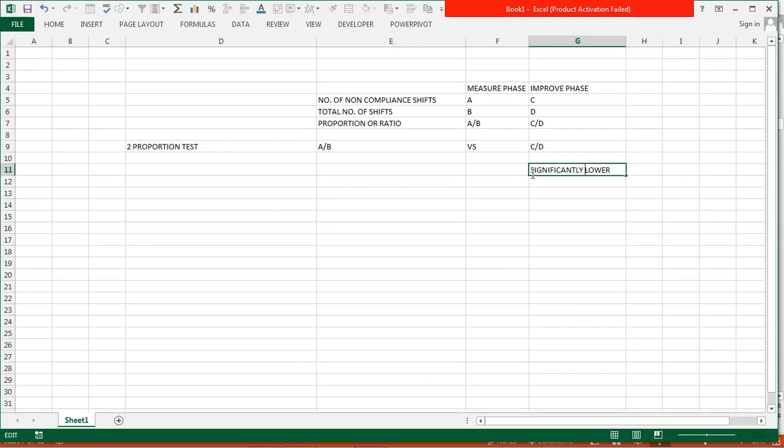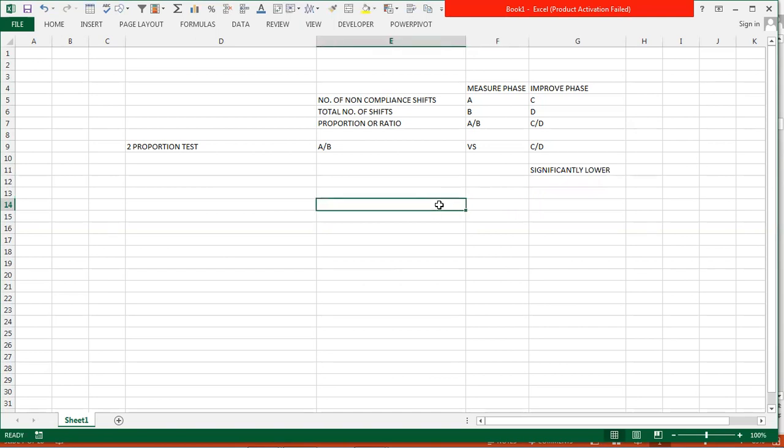If we can testify that this is significantly lower, then we have proven that the number of NCs has dramatically reduced in the improved phase, and that indicates there is an improvement in the performance of the problem. So let's take a typical example.